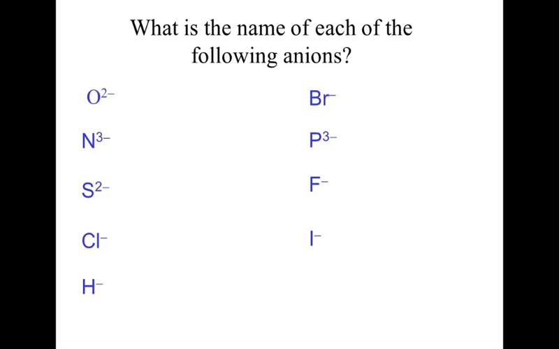Those are all monatomic anions. So they're non-metals that picked up electrons, and you lop off the end of the name and replace it with IDE, as in dog E. Some of them are easier than others.